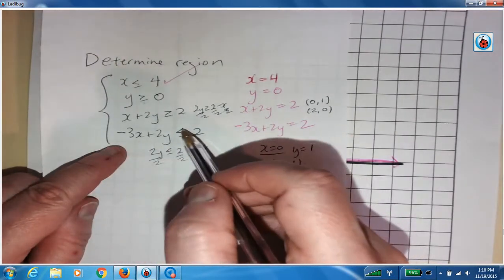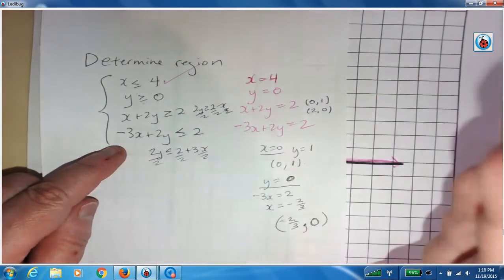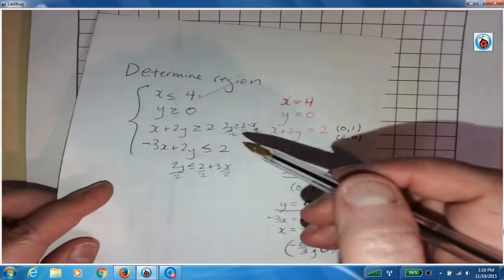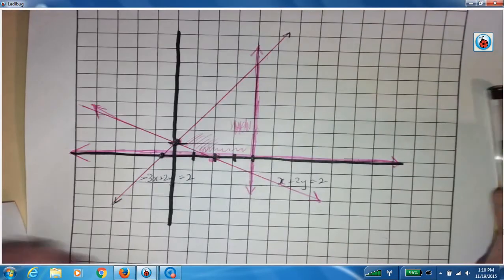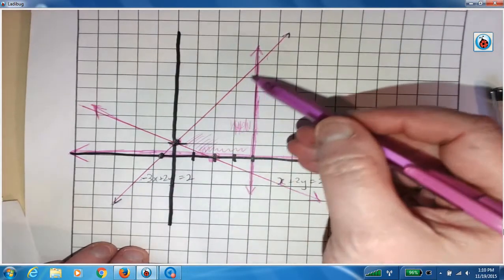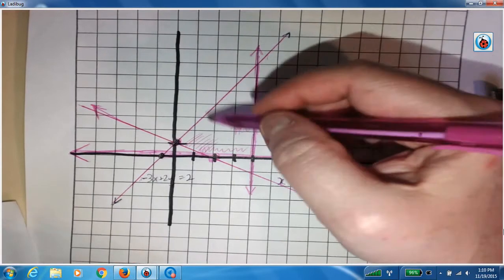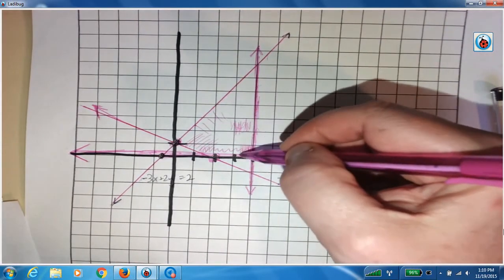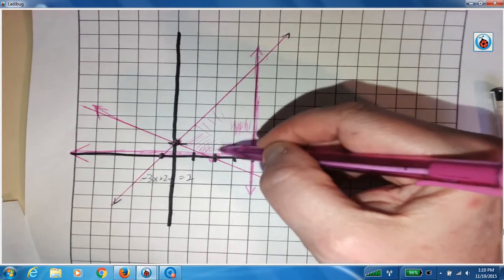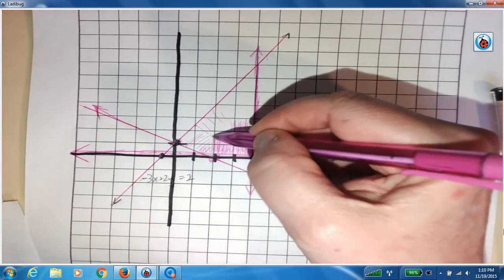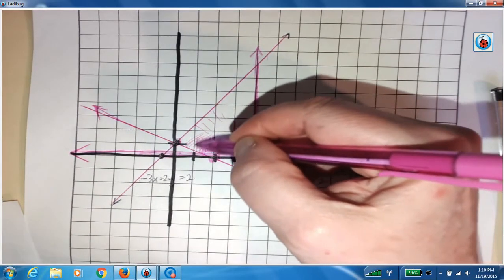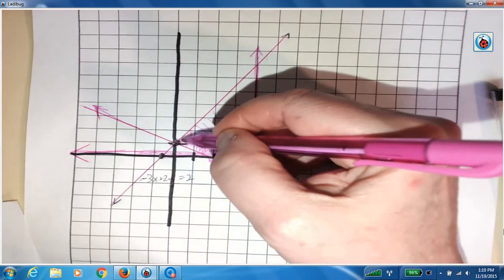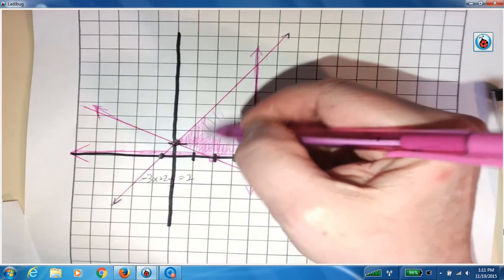So I do want, as this symbol suggests, on and below this line. And so my region is going to be this, where all of those meet, where all of those are correct. This is what I want.